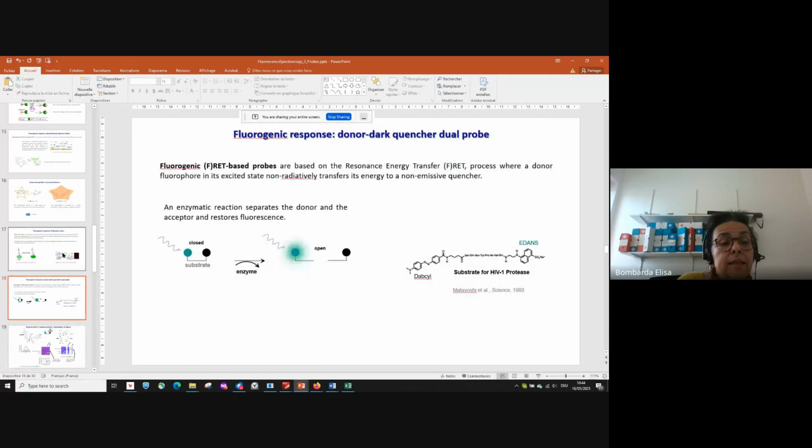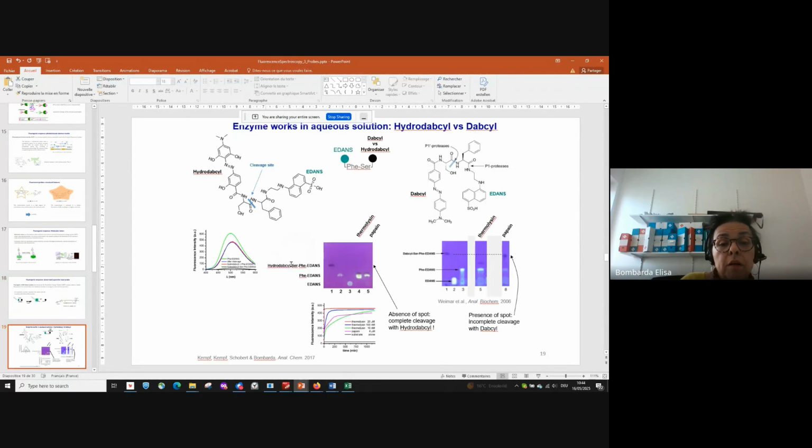So this story indicates that the design of probes is not so simple and straightforward. One thing to say: I want a fluorescence probe because I want to see something. Yes, okay, that's good. But we should not forget that we are working with a biomolecular system.